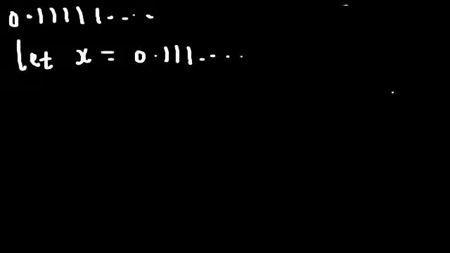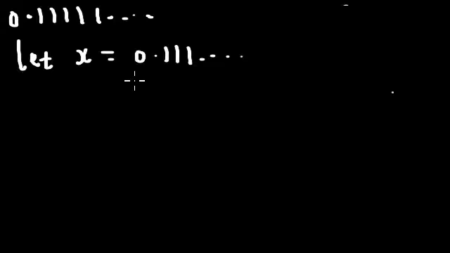Perfect. So right now, having let x, or whatever variable of your choice, be equal to that recurring decimal, you want to multiply both sides of this equation by 10. The reason you are multiplying by 10 is because you only have 1 digit repeating itself.